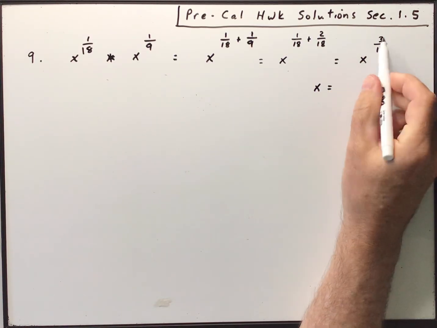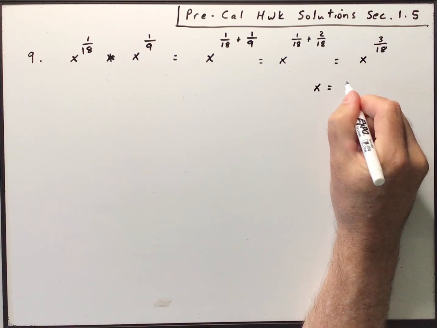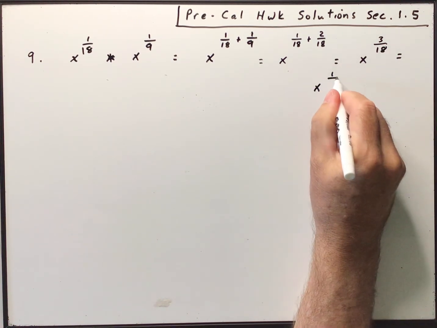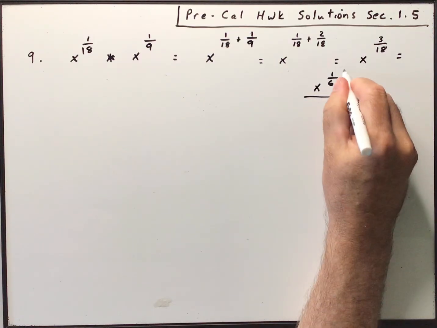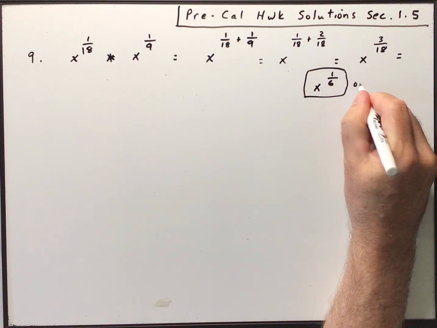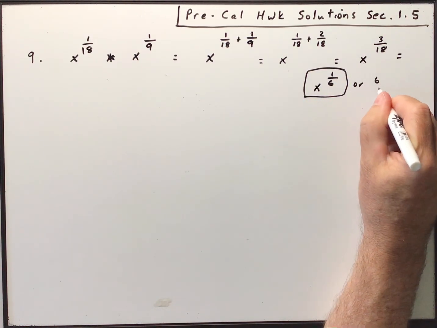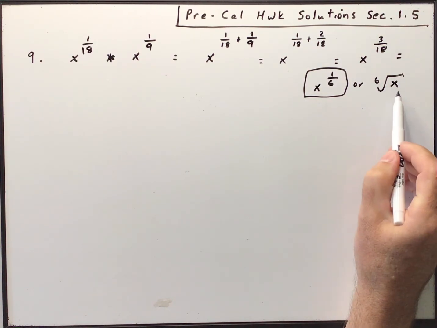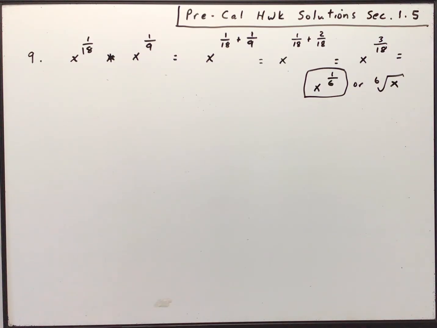What's 3/18? That's 1/6. So that is equal to x to the 1/6. Or if I asked you to express that in radical terms, it would be the 6th root of x.